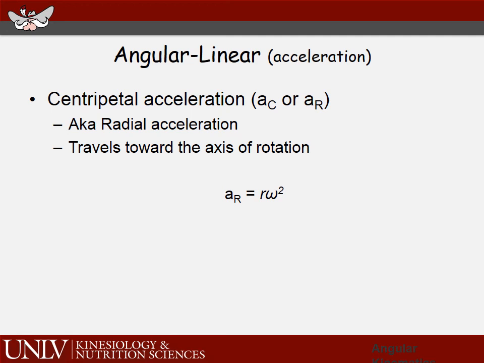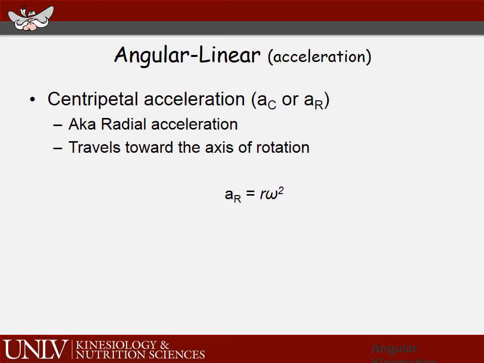Centripetal acceleration simply exists even if your tangential acceleration is not changing. So if your tangential velocity is constant and doesn't change, it means that your tangential acceleration will never change. But think about it. If you're going in a circle, you're always changing the direction of the motion.